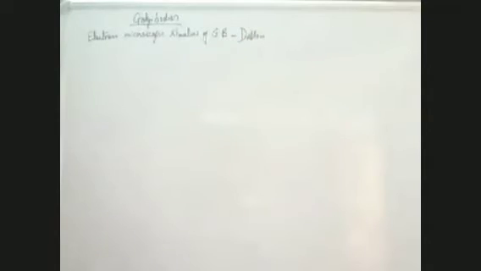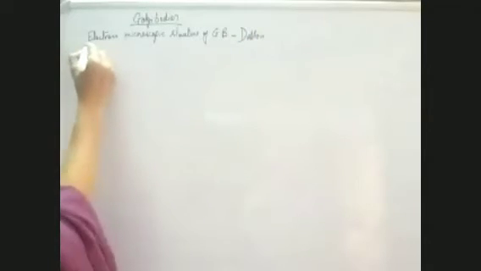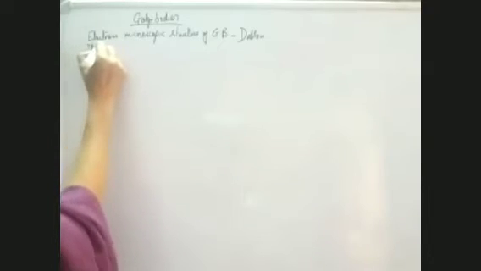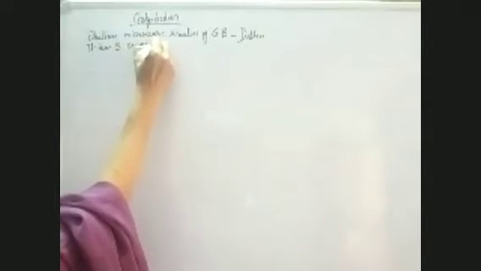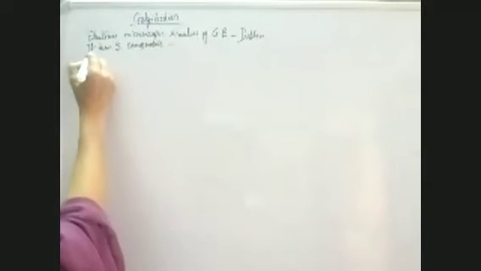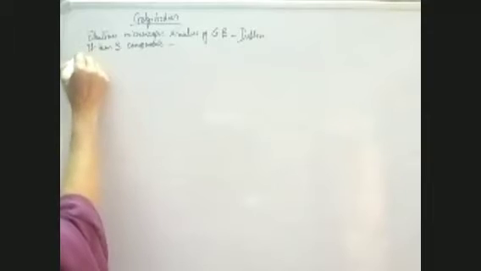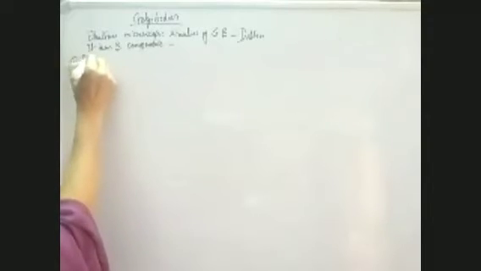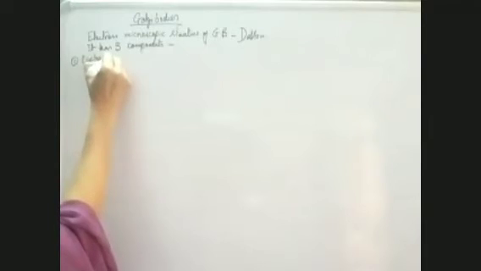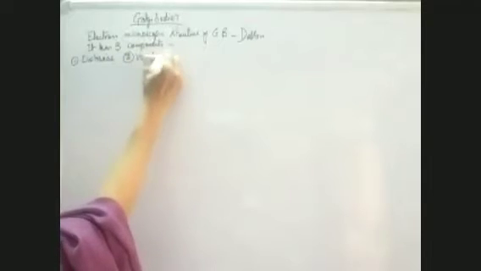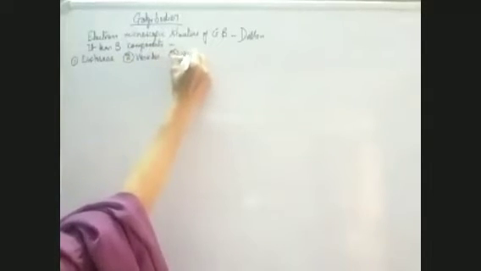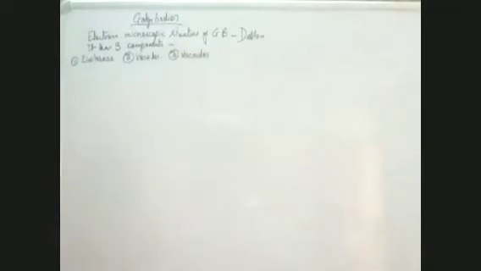According to this structure, there are three components of the Golgi body: number one is cisternae, number two is vesicles, and number three is vacuoles.